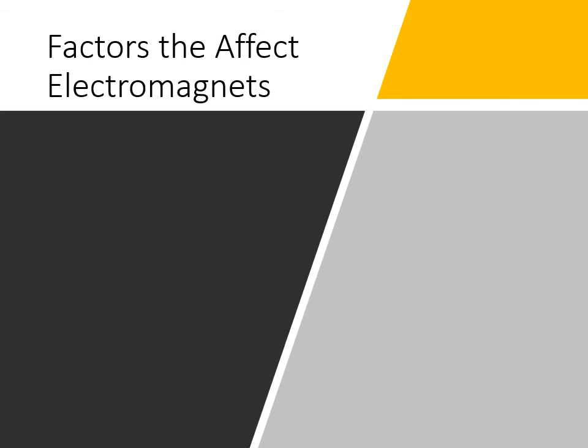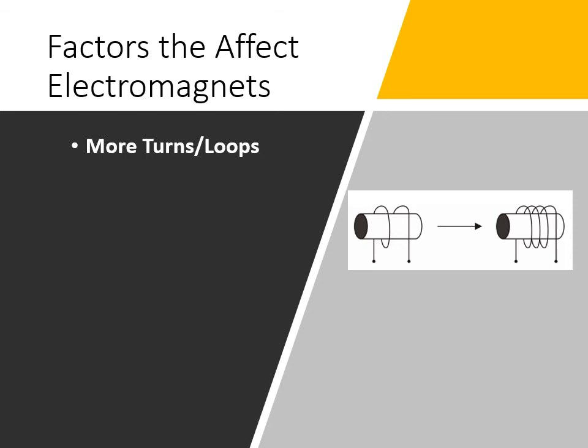So what are the three main factors that improve or affect electromagnets? The first is by adding more turns or loops. More turns and more loops give me more domains to work together, or more magnetic fields that are around my wires.